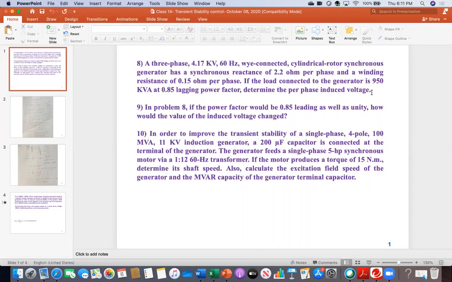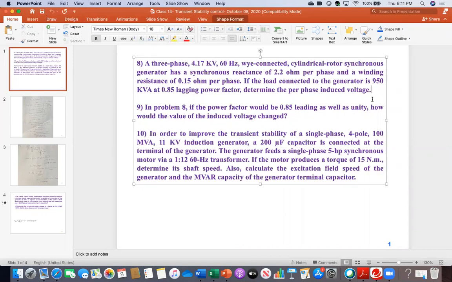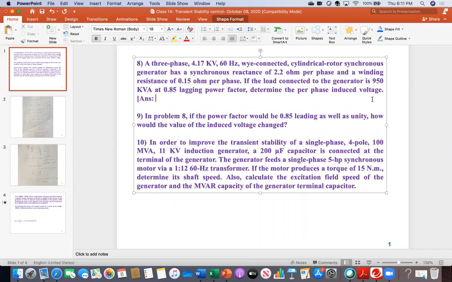Okay, let me write down the answer here, because I got something similar, but the angle is different. 87.92, and you know that angle was 5.23 degrees. Let me highlight it. Can you see? This will be the answer for this one.